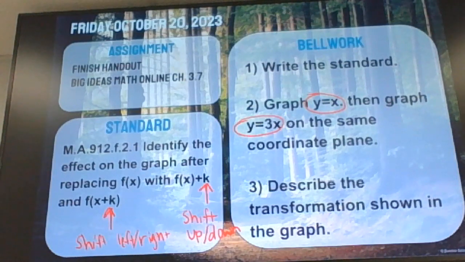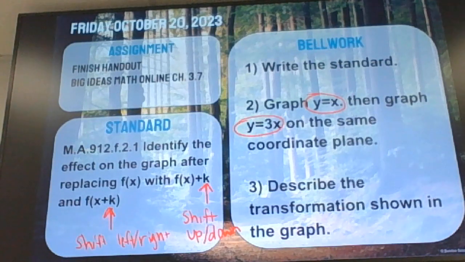So this guy here is the most basic linear function, the one that goes through 0 and goes up 1 over 1. You're challenged to then graph y equals 3x. It also has a 0, so you start at 0. If you want to do this one in a pen or a highlighter so it looks different, you're putting it on the same coordinate plane.